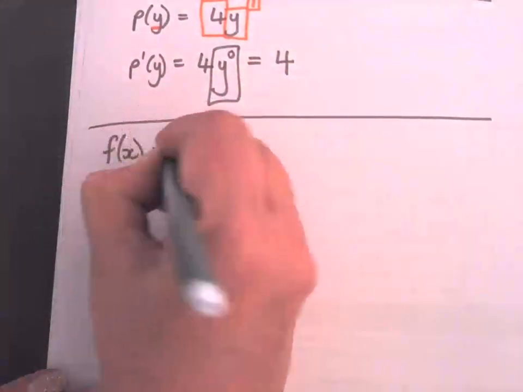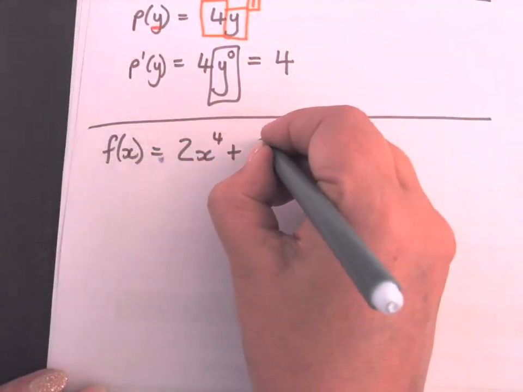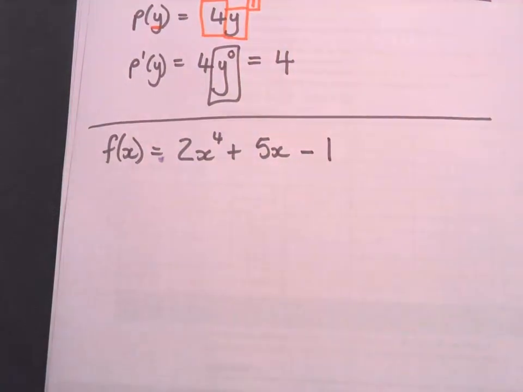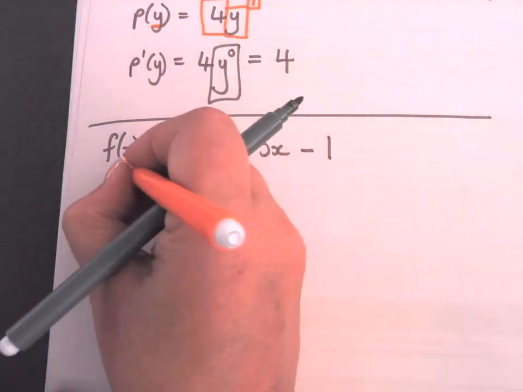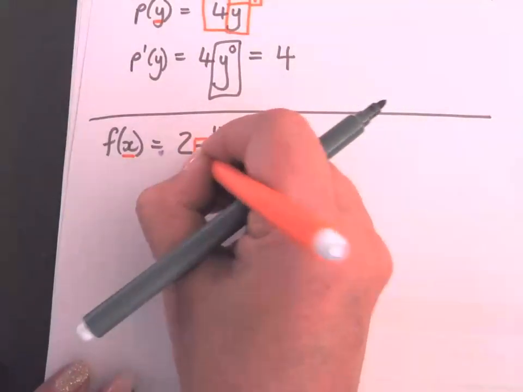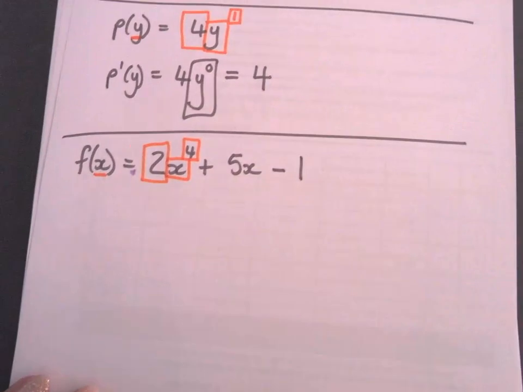f(x) equals 2x to the power of 4 plus 5x minus 1. Now I have 3 terms. Each term must have the 3 boxes. I'm working with x, so I need an x with an exponent and a coefficient.